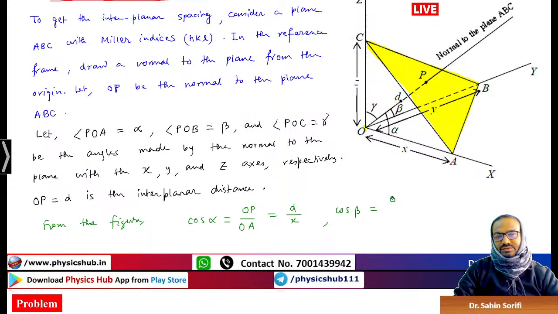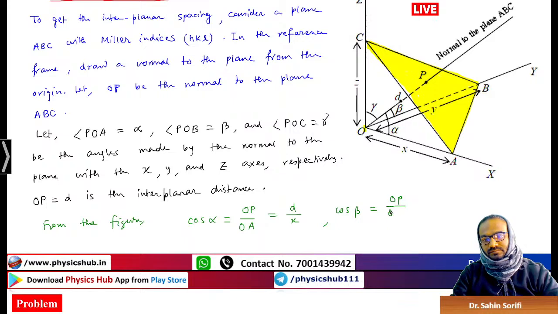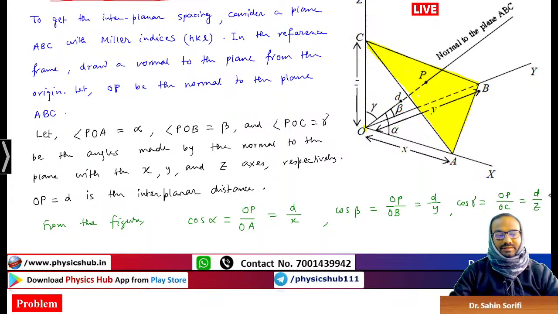Cos beta is equal to OP by OB, D by Y. And what about cos gamma? OP by OC, D by Z.